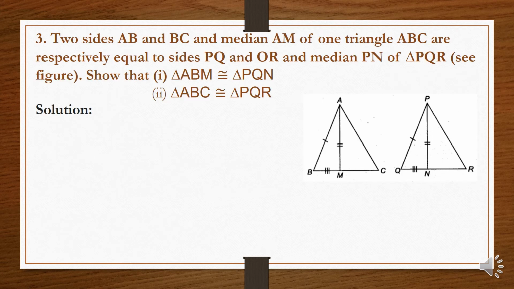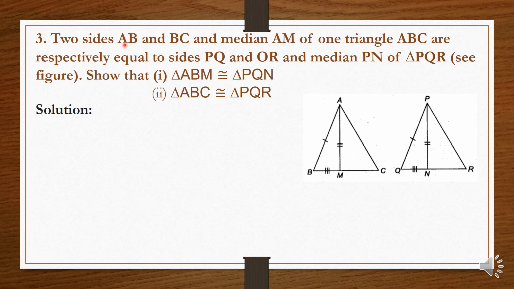Question number 3. Two sides AB and BC and median AM of one triangle ABC are respectively equal to sides PQ and QR and median PN of triangle PQR. Let's understand the figure a bit. So we have triangles ABC and PQR.